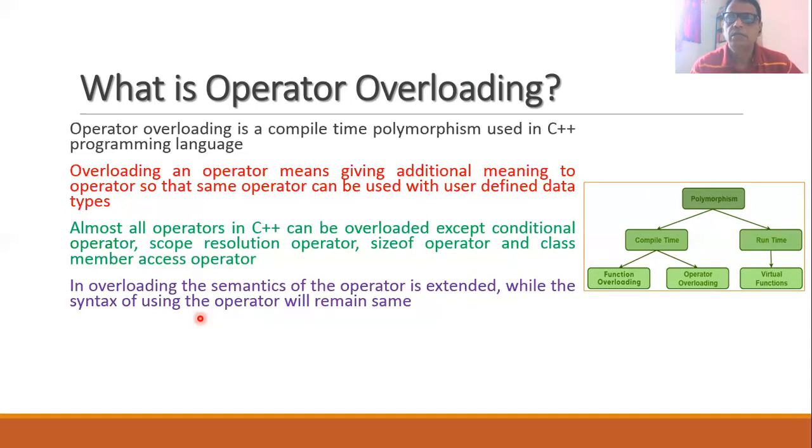This syntax of using the operator will remain even if we are adding two complex numbers. Similarly, whenever I want to add two vectors, in that case also you need to use the operator in the same way. So the syntax of using the operator will remain the same while the semantics will be extended.